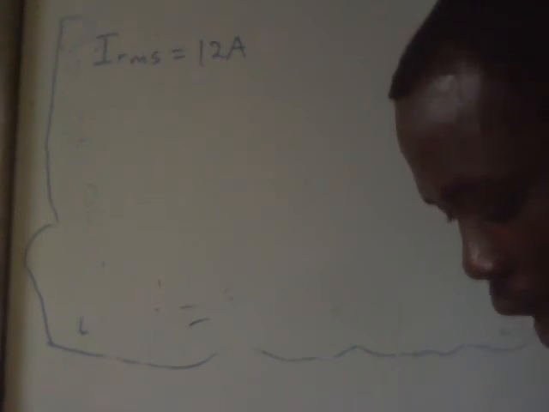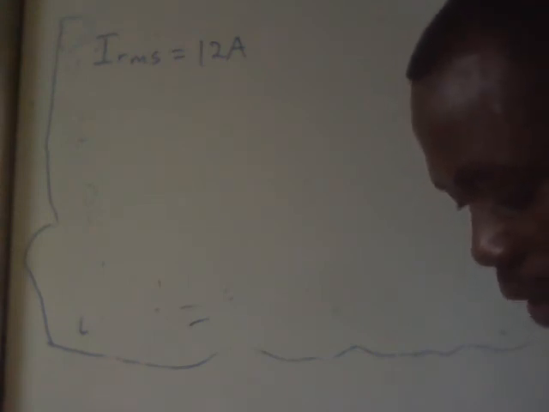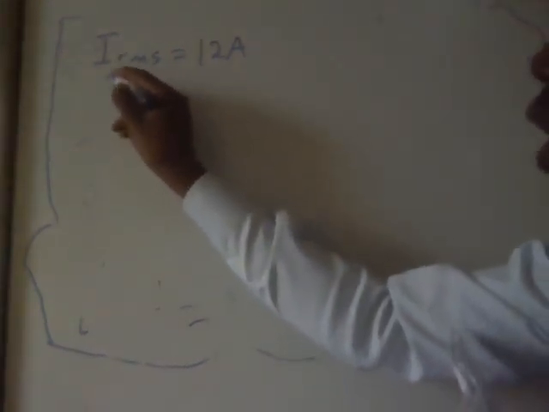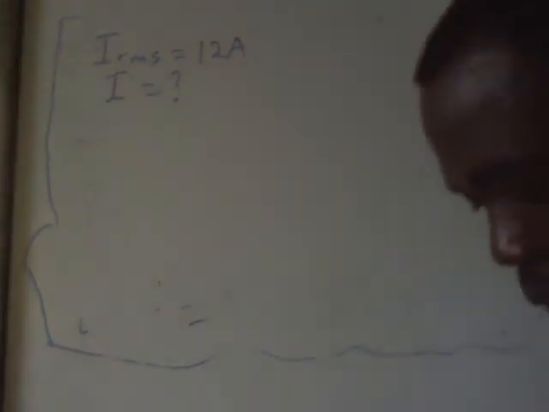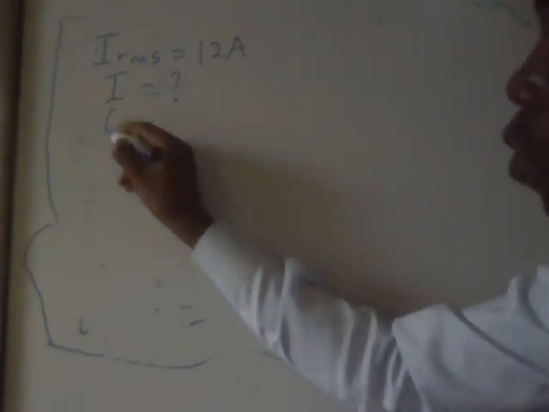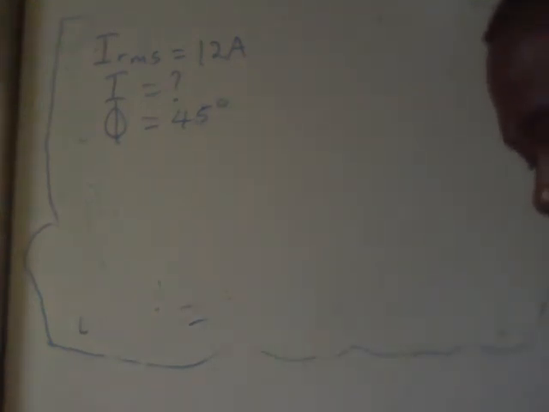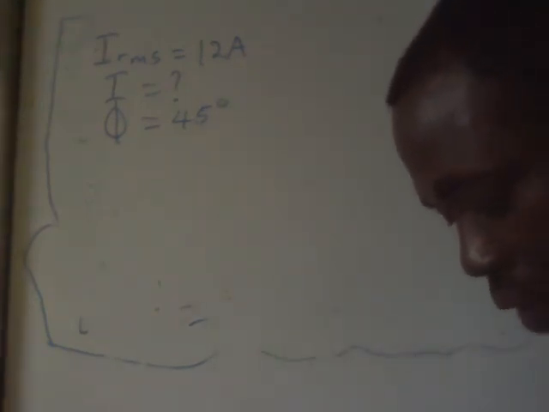Determine the instantaneous value of the current, I equals question mark, when the phase angle phi is 45 degrees.